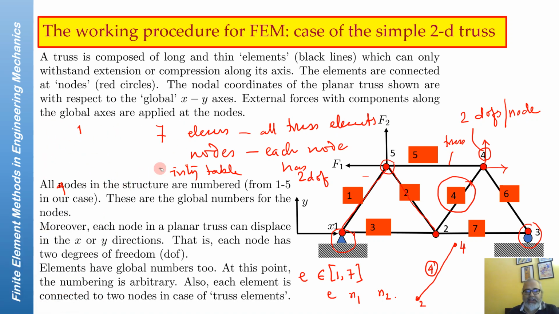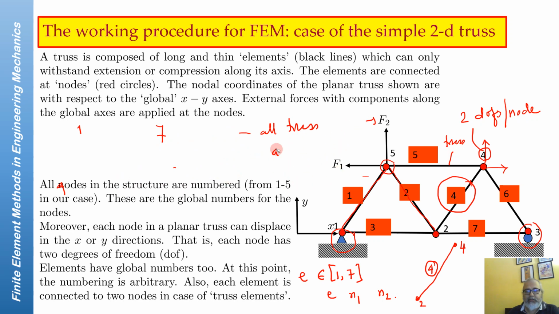So that would take some form like node 1 has x coordinate of 0, y coordinate of 0. Node 2, which is the node here, has, let's say, x coordinate of 1 and y coordinate of 0. Node 3, which is this, has, let's say, x coordinate of 2, y coordinate of 0.